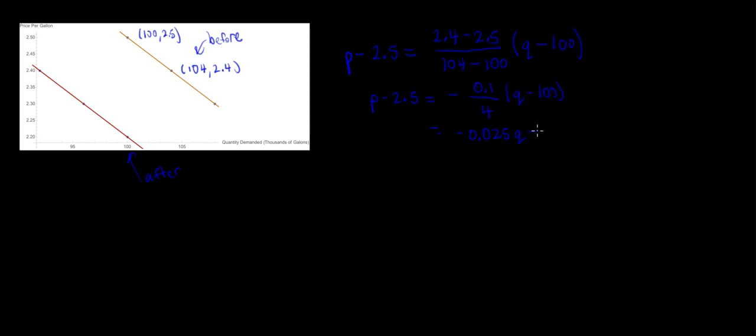Then we add 2.5 to both sides, so P equals 5 minus 0.025 Q. This is before. So this is one of the inverse demand curves.